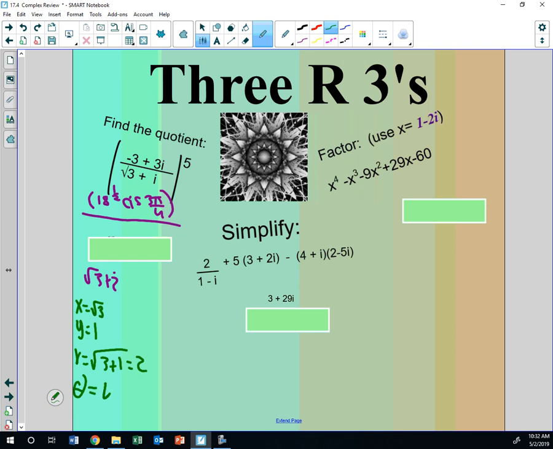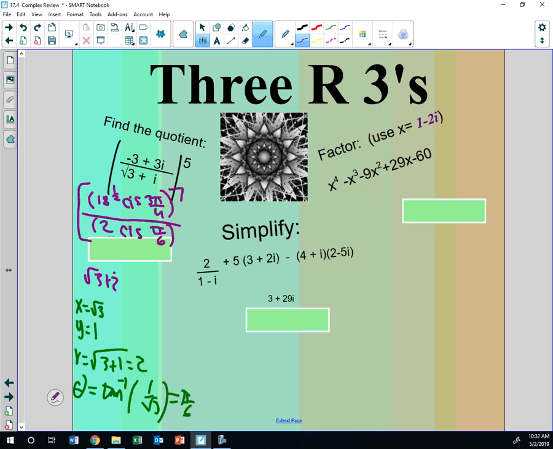Theta is inverse tangent. This one you can see, 1 over square root of 3. Is that pi over 6 or pi over 3? Pi over 6. So this one's a lot sweeter. This is going to be 2 cis pi over 6. Okay?